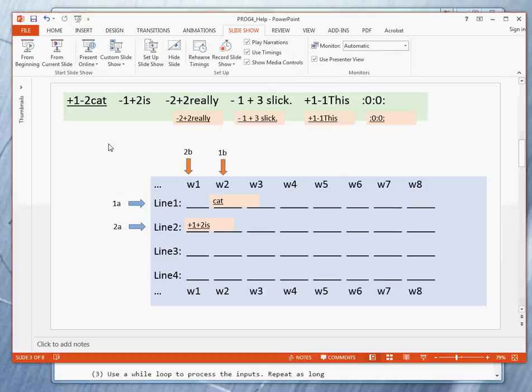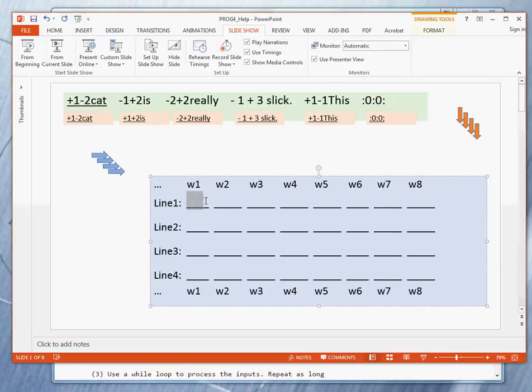It's important that you work through the example, 3 or 4 examples, so you really get a hang of it. Think of this table here as really being a set of variables that you're going to use. Alright, so what is this? This is line 1 dot word 1. This is line 3 dot word 4, isn't it? If you go back to your data structures, that's really what you have.